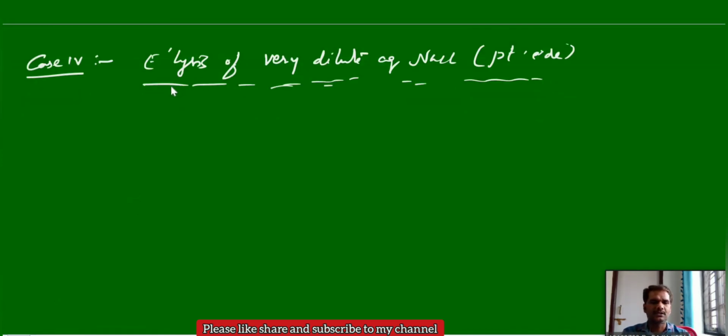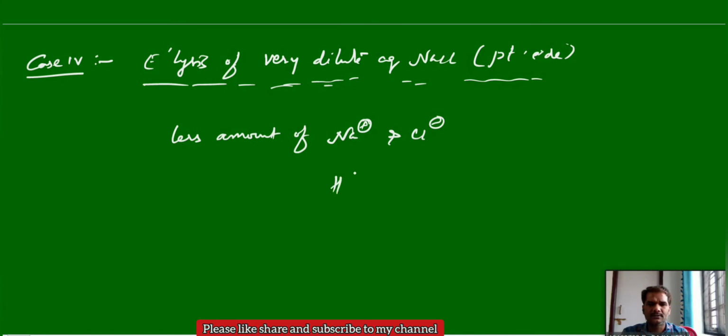Now see electrolysis of very dilute aqueous sodium chloride. Very dilute aqueous sodium chloride means what? You have a very small amount of Na plus and Cl minus ions available in the electrolytic solution.